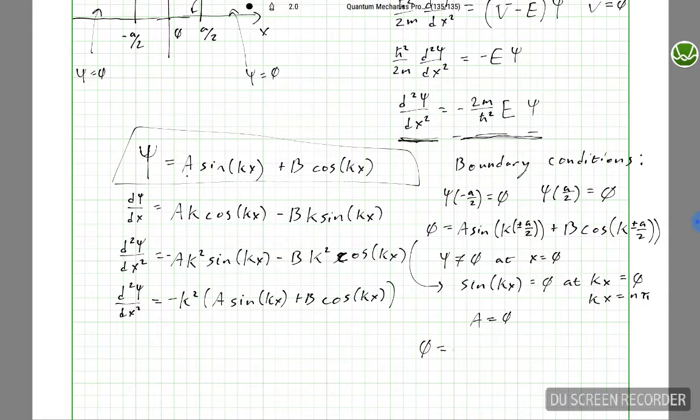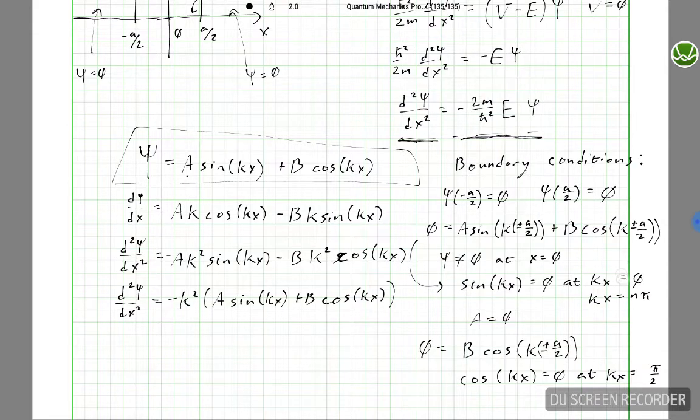Meaning that 0 equals b cosine of k plus or minus a over 2, and cosine is 0 at kx equal to any multiple of pi halves.